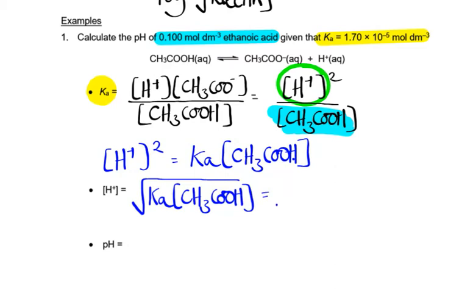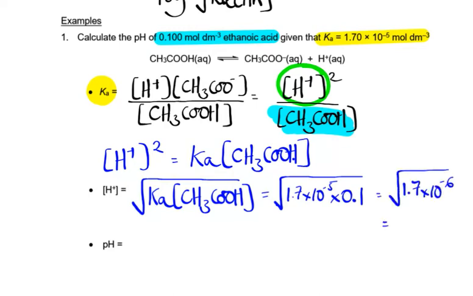So that's going to be the square root of 1.7 times 10 to the minus 5 multiplied by the concentration, which was 0.1, so that's going to be 1.7 times 10 to the minus 6, and we should have been getting 1.304 times 10 to the minus 3.